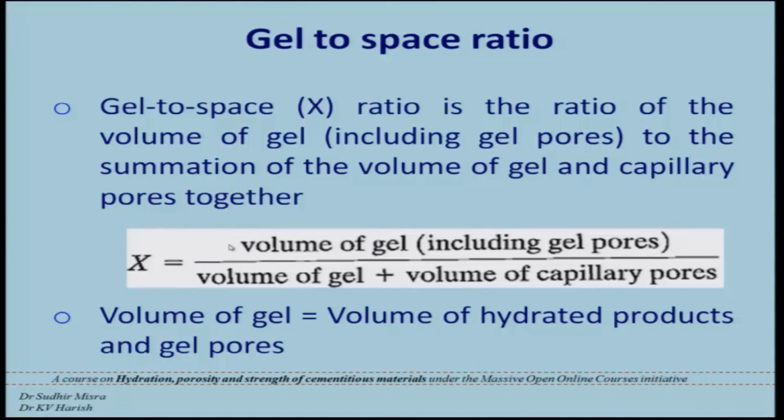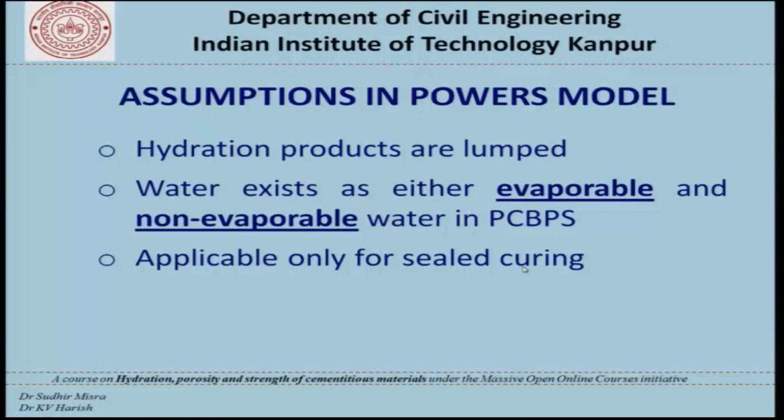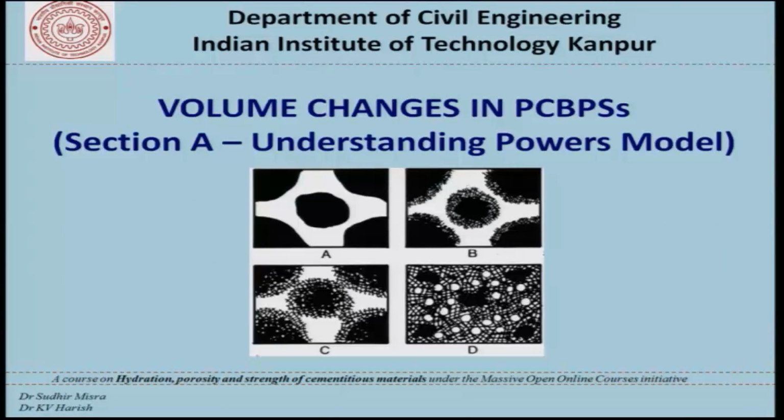So, capital X is equal to volume of gel, which includes even the gel pores, divided by volume of gel plus volume of capillary pores. So, what does it indicate? If you go to this figure, if you take this area, you will find this unhydrated cement grain.